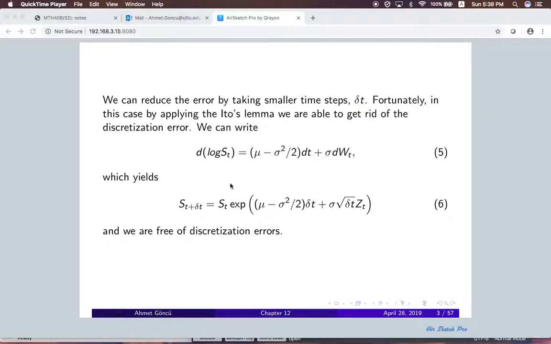However, obviously, for the Black-Scholes model, we can get the analytical solution by applying Ito's lemma. So we can get rid of the discretization error that we see in Euler's method. If we want to use the analytical solution, we can solve the stochastic differential equation for S_{t+delta t}, and use the analytical expression to do our simulations.